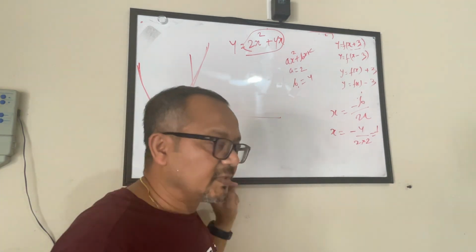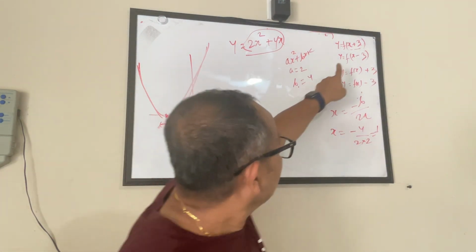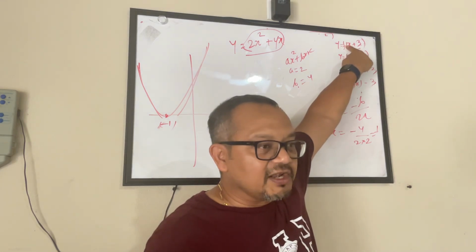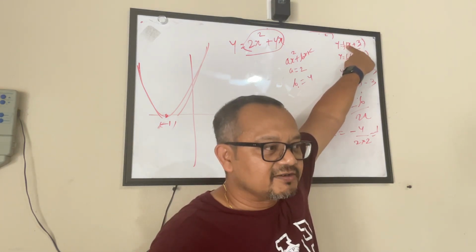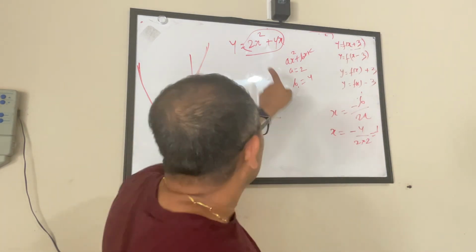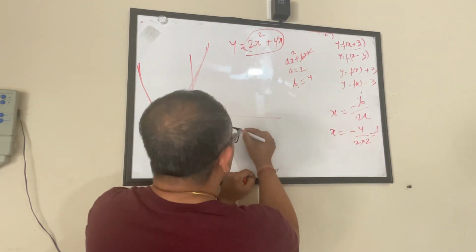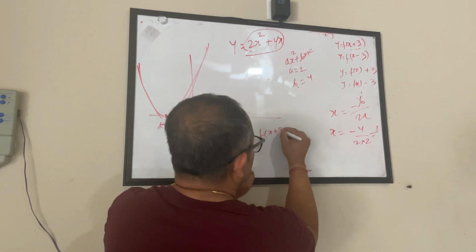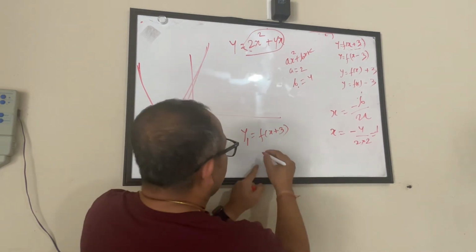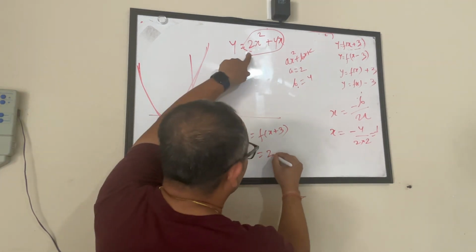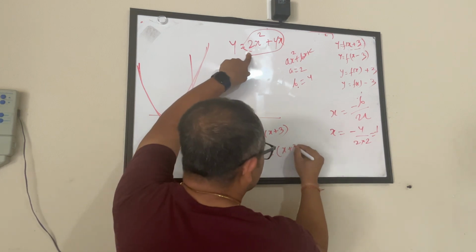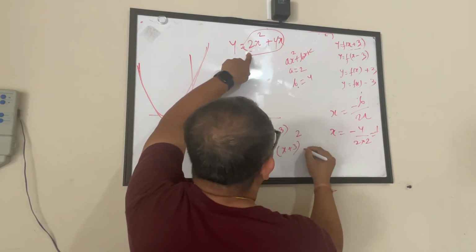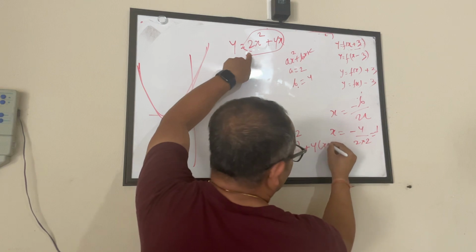Now what will be the situation with this one? In this function, what will I do? If y1 is a function of x plus 3, what will happen? Here, instead of x I will put x plus 3.